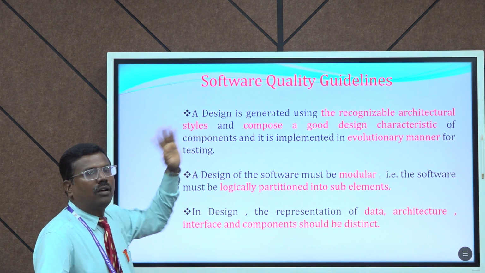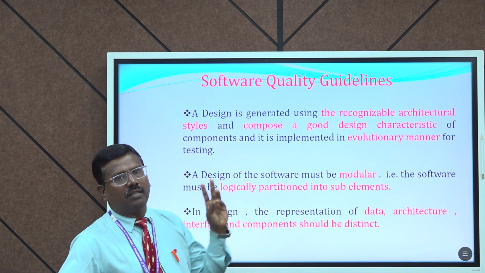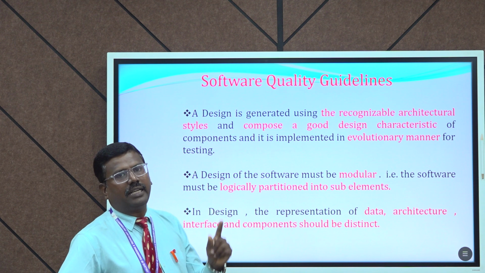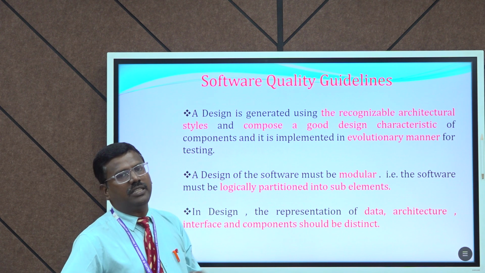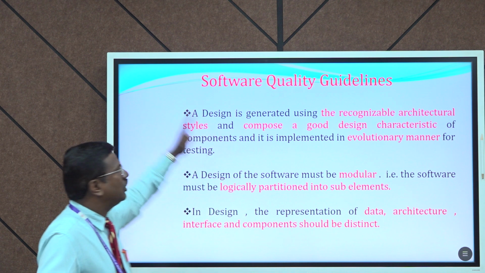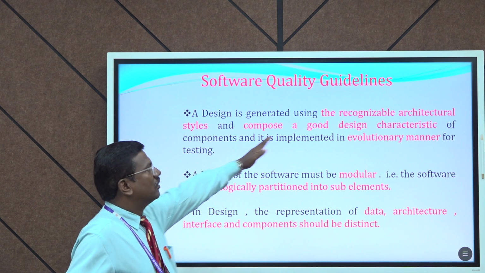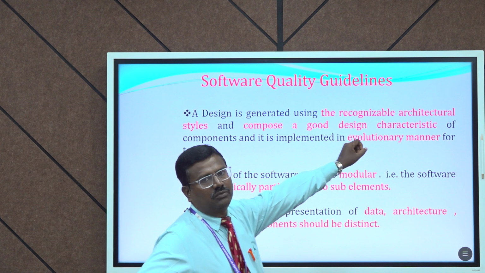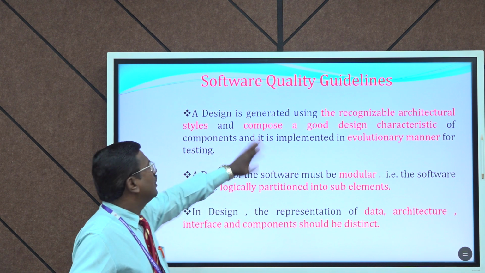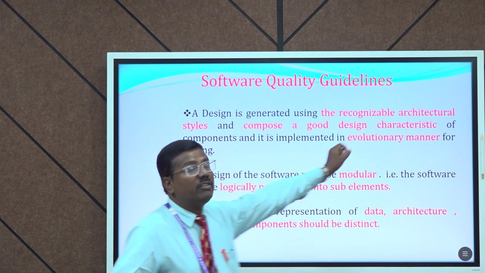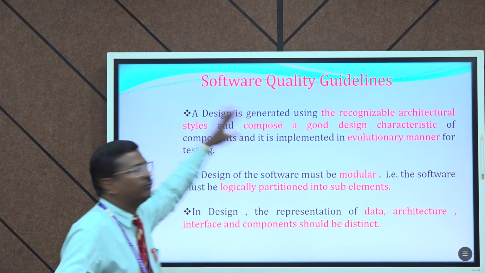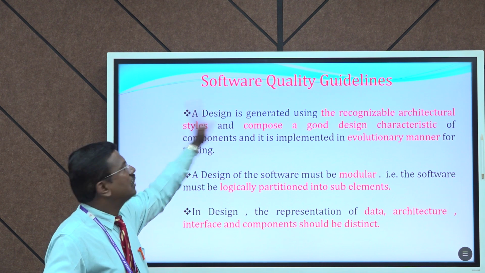That means we use UML diagrams like the class diagram, sequence diagram, state machine diagram, or any other diagrams: class diagram, use case diagram, activity diagram, sequence diagram, state machine diagram. These are the diagrams that should be used. Then good design characteristics for software designing, implemented in an evolutionary manner. This is the first guideline for software quality.